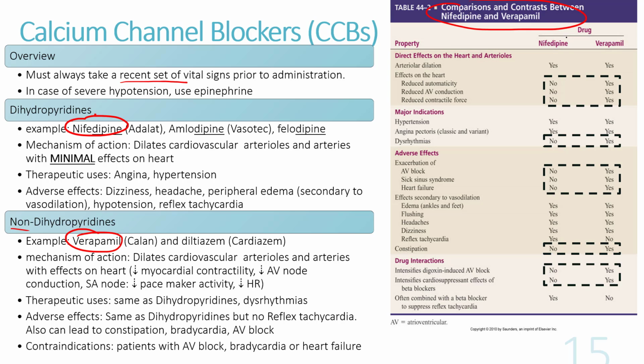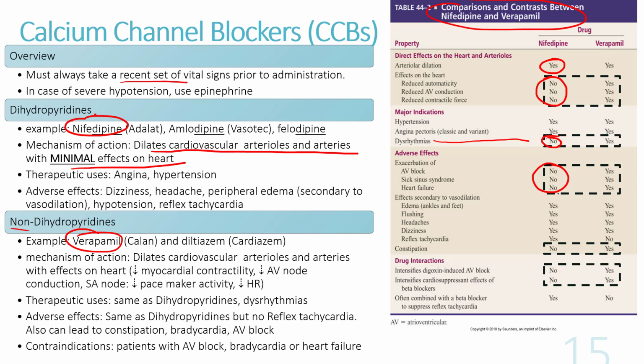What you see is that nifedipine has effects on cardiovascular arterioles and arteries, but with minimal effects on the heart. So basically it causes arterial vasodilation, and it really doesn't cause any effects on the heart, right? And so if you look at the cardiac effects, when you look at dysrhythmias, it doesn't have an effect on dysrhythmias, and it also has no cardiac adverse effects, right?